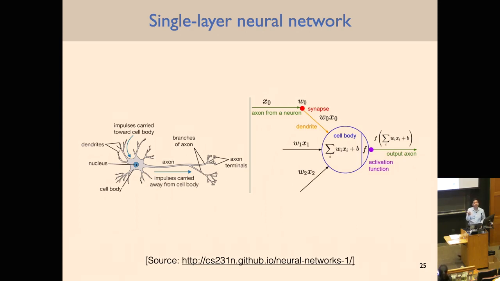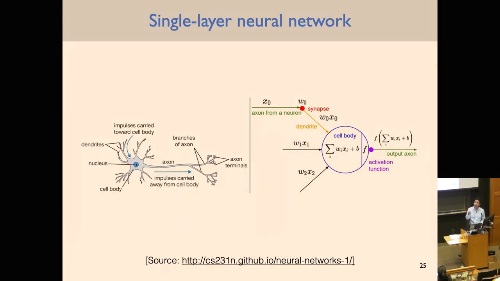So you're essentially taking a dot product of a weight vector w with the input vector x, and then you add in some constant term, which is called the bias, and then you pass that through some nonlinear function f. That's basically the main computation that each neuron in a neural network does.